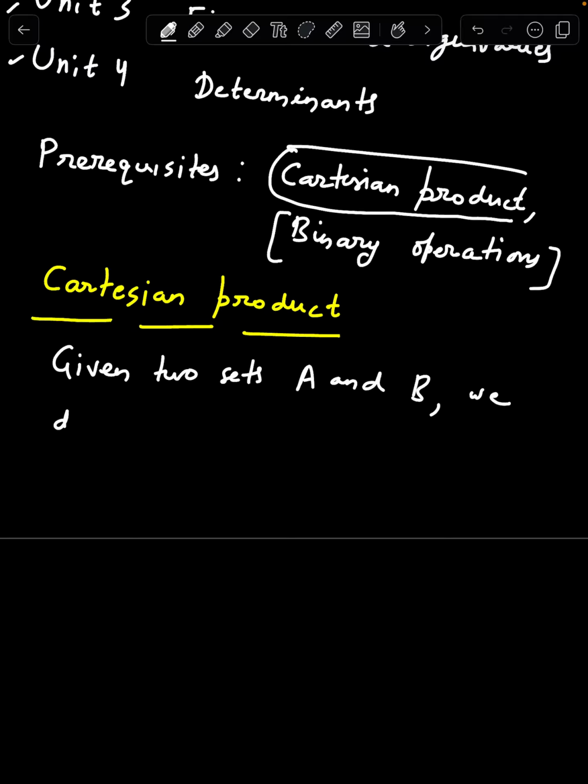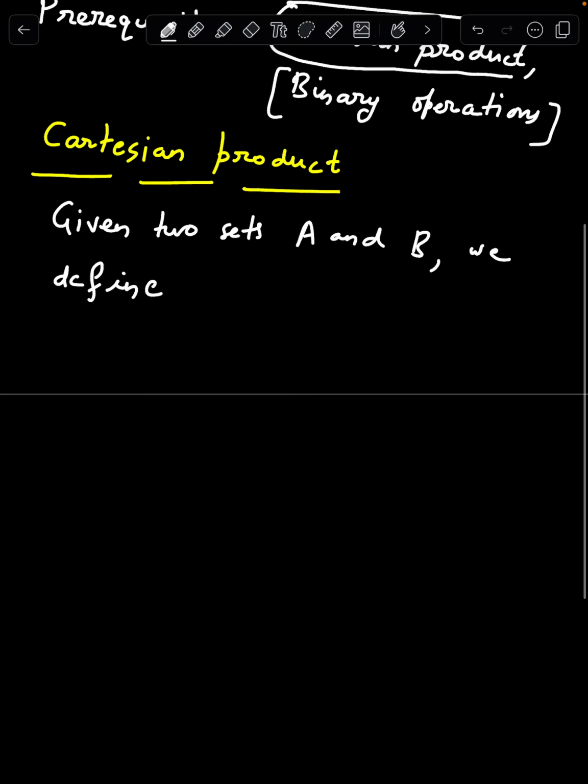Then we define A cross B, that is Cartesian product of A with B, like this.